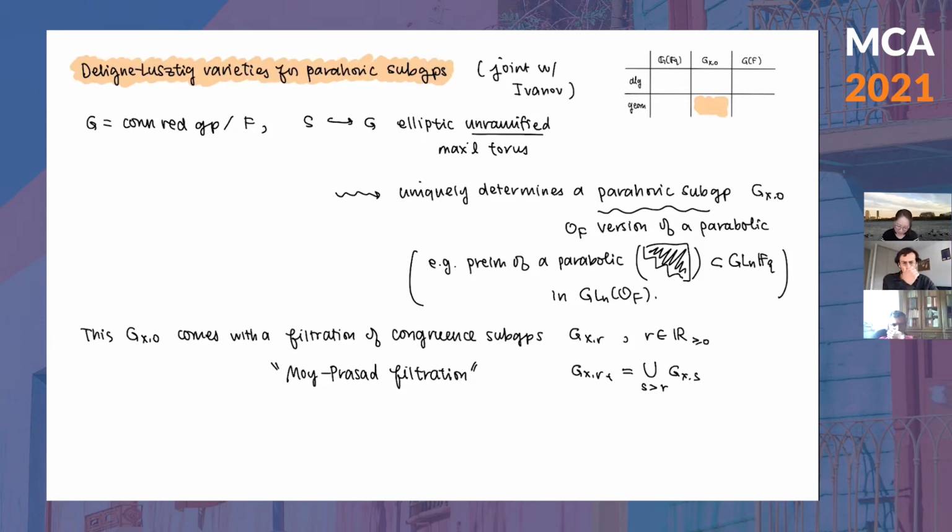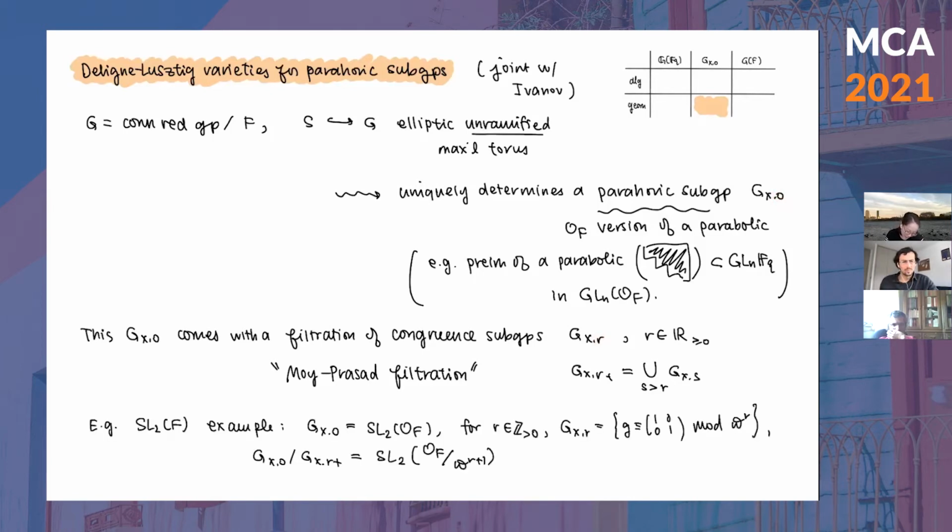So I can change this 0 to an R and get some smaller subgroups. And in the SL2 situation, these are just congruence subgroups in the way that we're familiar with. So if my GX0 is equal to SL2 ZP or OF, then my GXR is going to be all things inside SL2 ZP that are congruent to the identity modulo some sufficiently high power of the uniformizer.